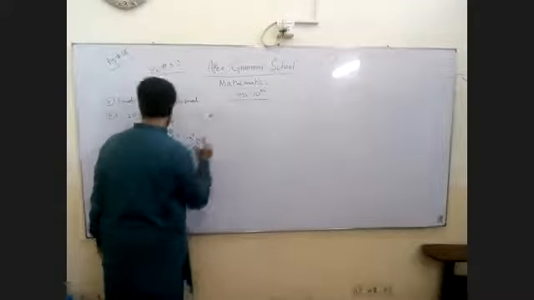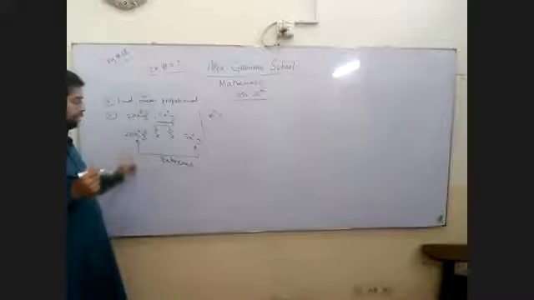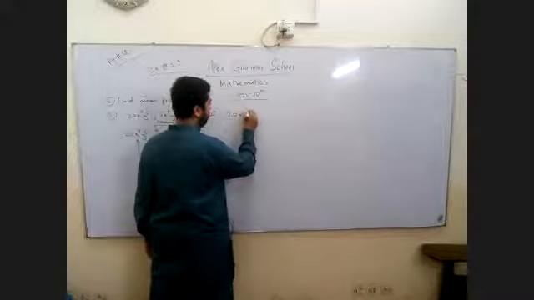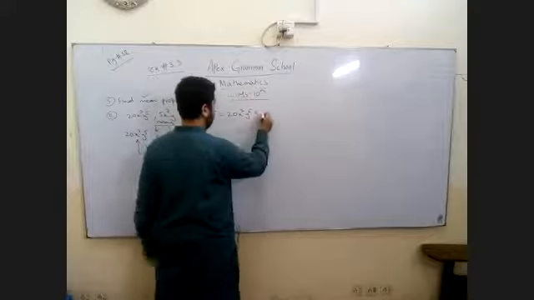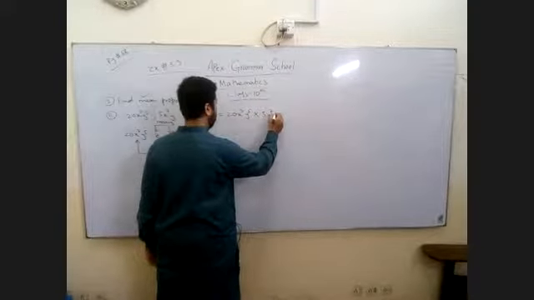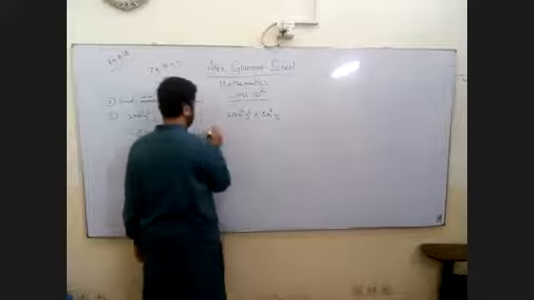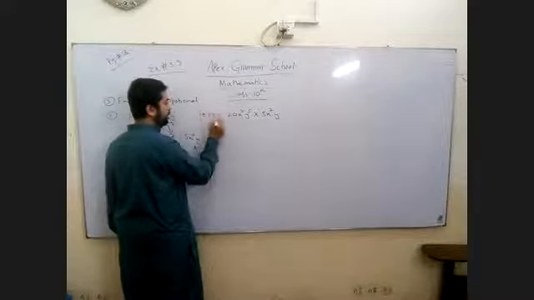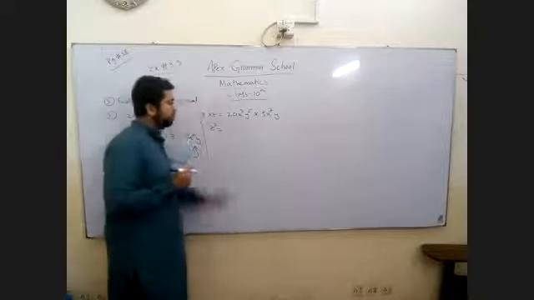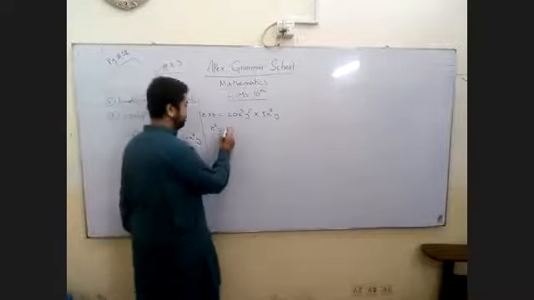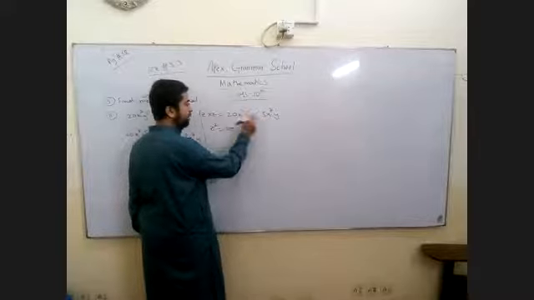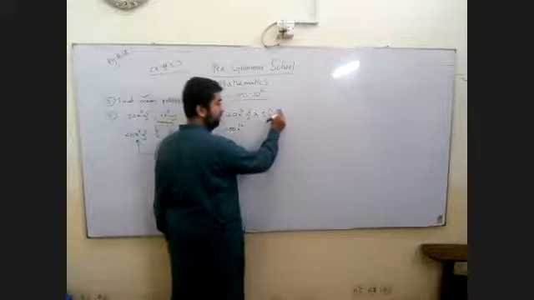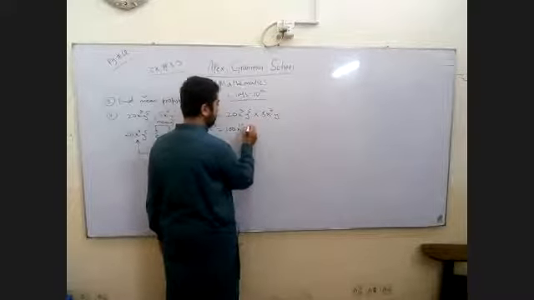z squared is equal to 20x cubed y to the power 5 multiplied by 5x to the power 7 y. Now 20 multiplied by 5 is 100. x to the power 3 and x to the power 7 makes x to the power 10. y to the power 5 and y to the power 1 make y to the power 6.